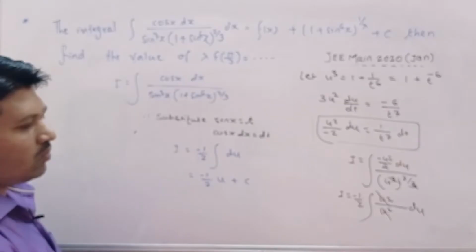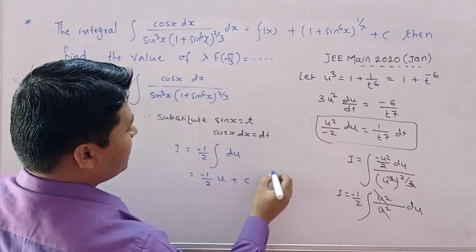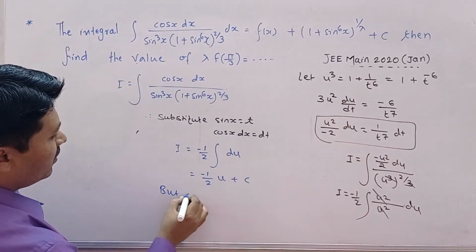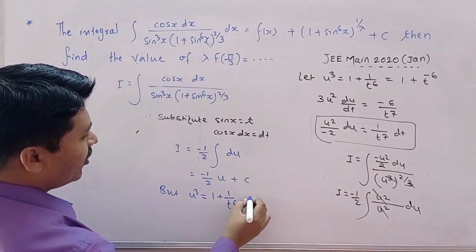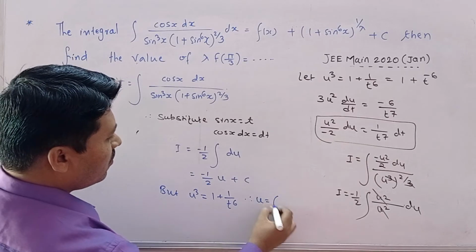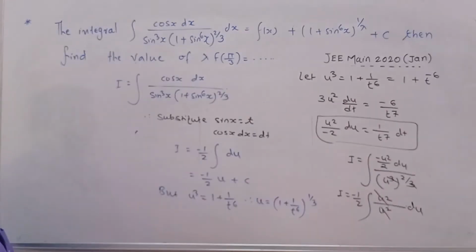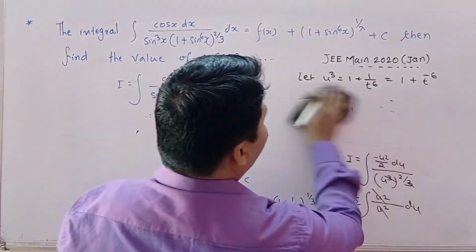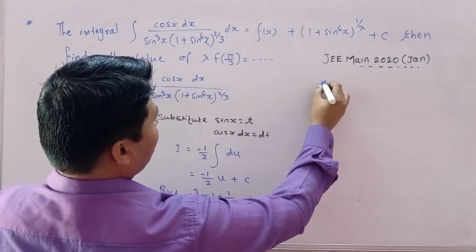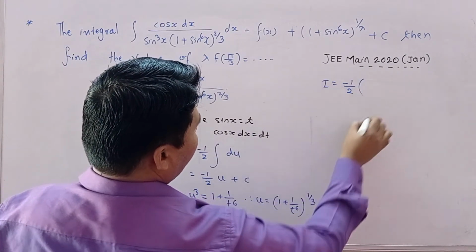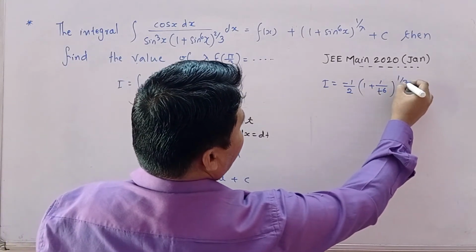But we know that u cubed is equal to 1 plus 1 upon t to the 6, therefore u is equal to (1 plus 1 upon t to the 6) raised to the power 1 by 3. Therefore I is equal to minus 1 upon 2 times (1 plus 1 upon t to the 6) raised to 1 by 3 plus c.